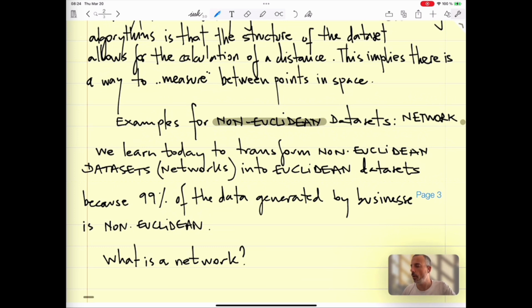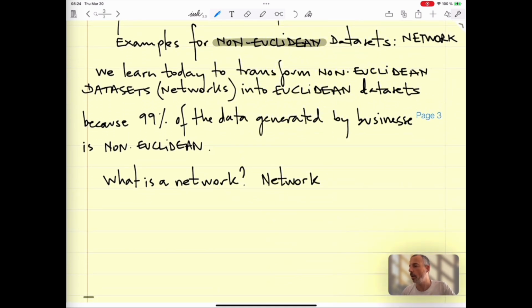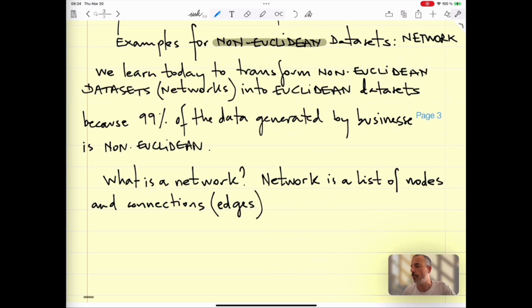A network in its basic configuration is a list of nodes and connections between these nodes, which we will call edges.